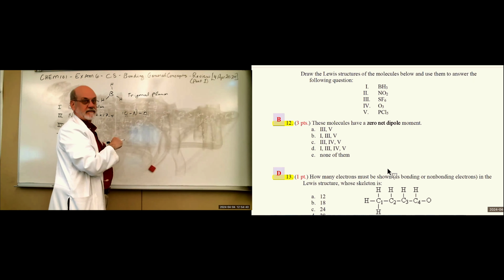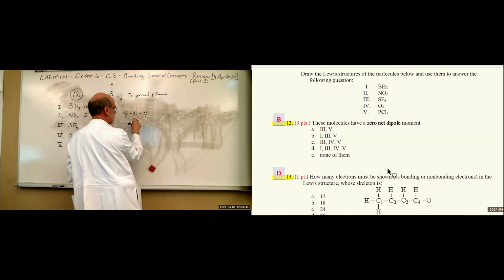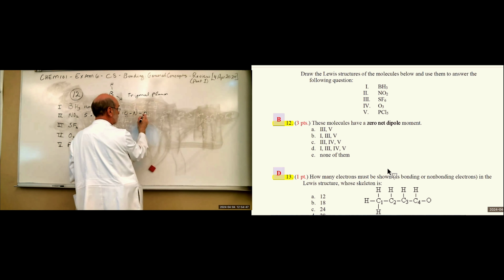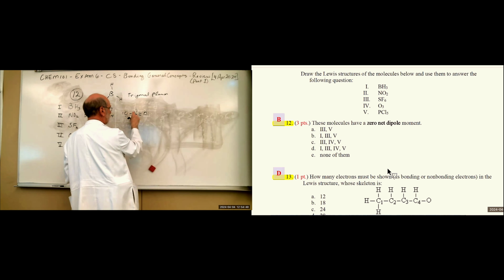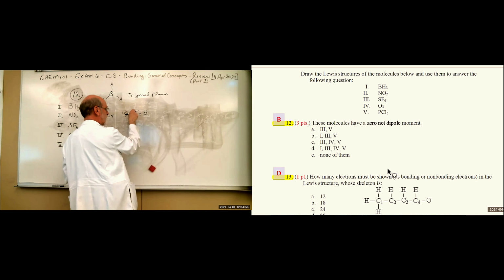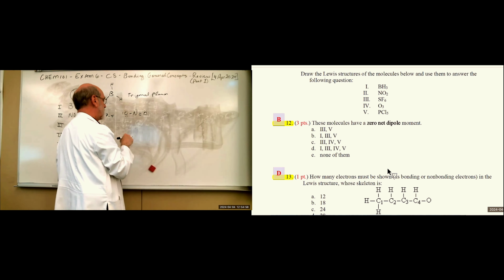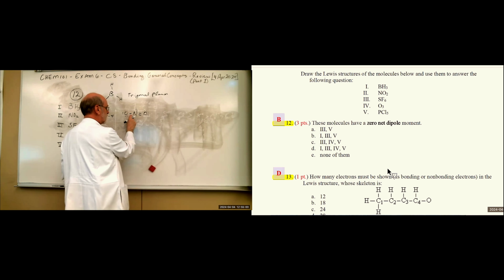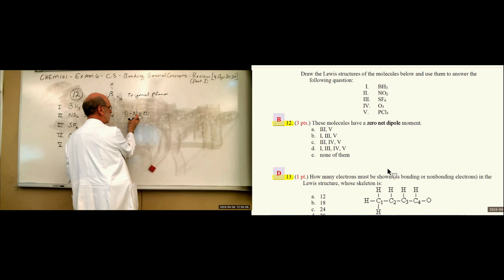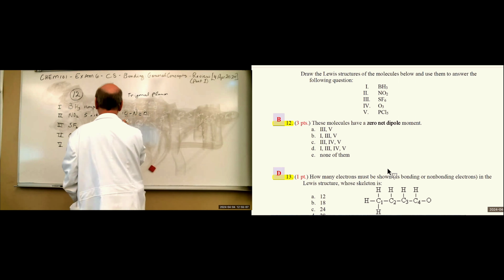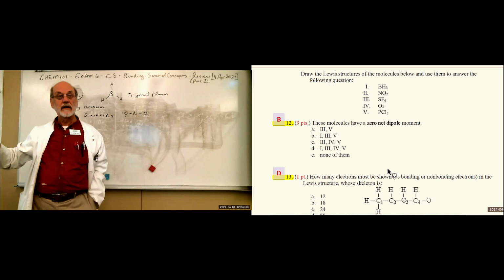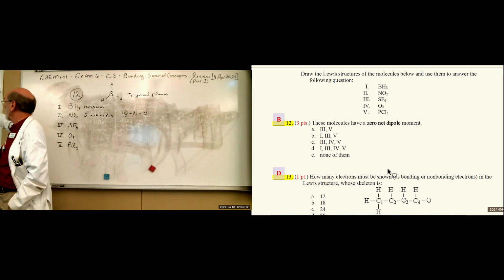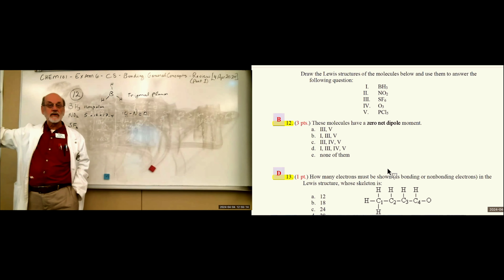That's not an octet. So how do you get an octet out of that? Well, we take these two and make a bond. That's 2, 4, 6, 7. If we try to make another one, that'd make nitrogen 9. So we have two choices. We can either put a double bond here and nitrogen would exceed the octet, which it can't do. Right? No, it cannot exceed the octet because nitrogen doesn't have access to d orbitals.